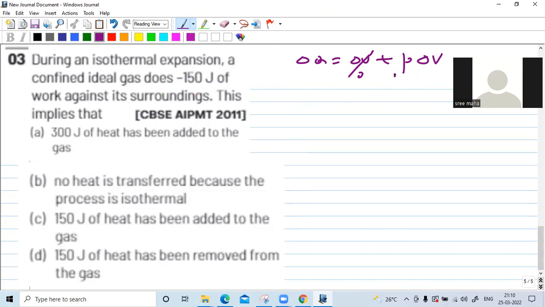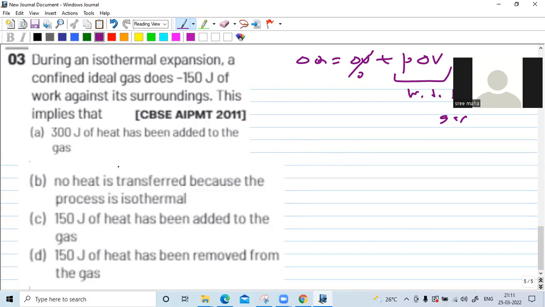This is actually work done by the gas. Okay, option C.